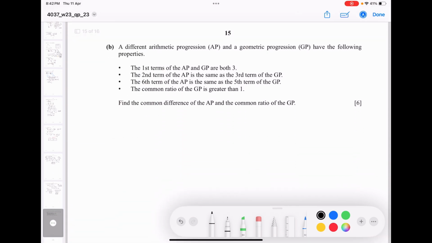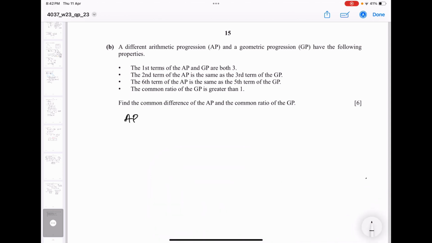Question B, a different arithmetic progression. AP and geometric progression have the following properties. First terms of AP and GP are both 3. So the first term of AP equals 3, GP first term 3. Second term of AP, that is a plus d, equals the third term of GP.